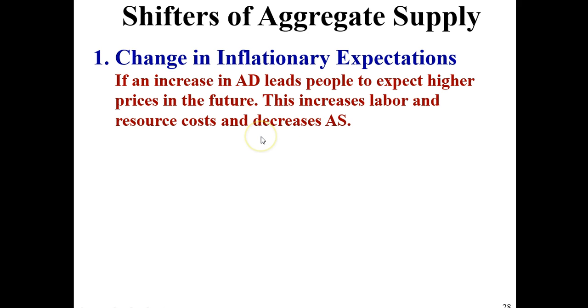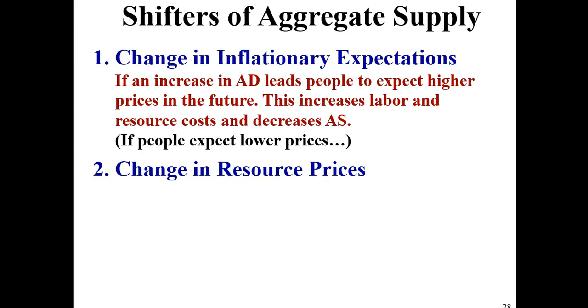So this is going to increase labor and resource costs and decrease aggregate supply. If people expect lower prices in the future, then this is going to have the reverse effect. This is going to decrease labor and resource costs and increase aggregate supply. So it has the opposite effect.